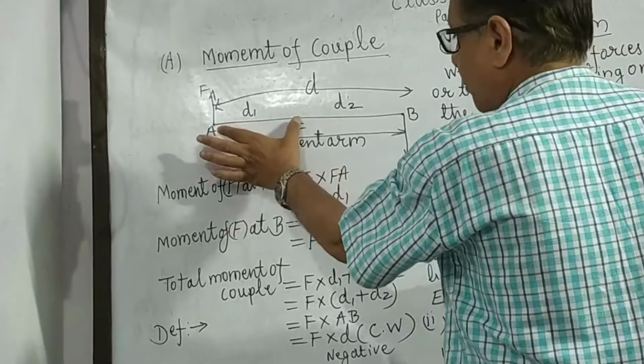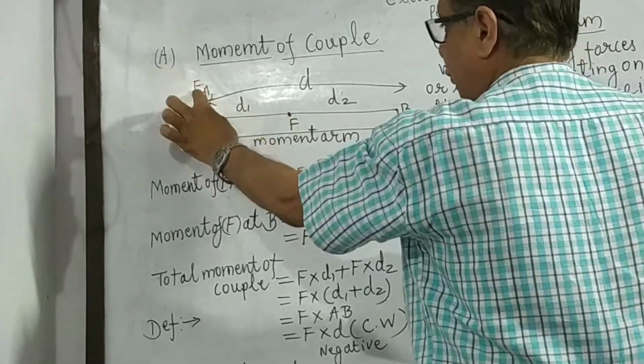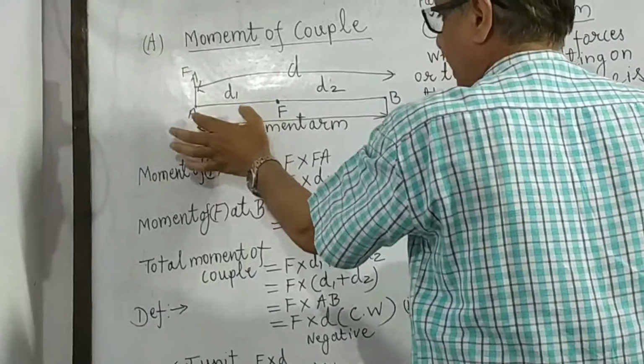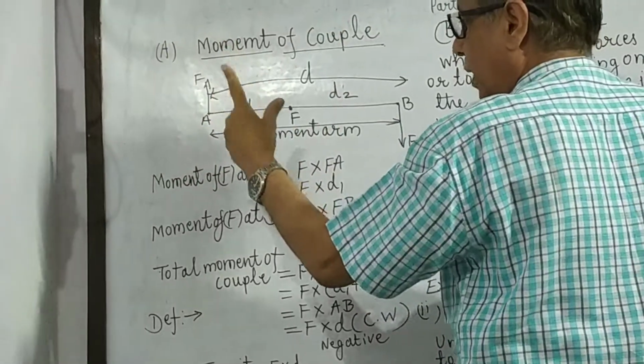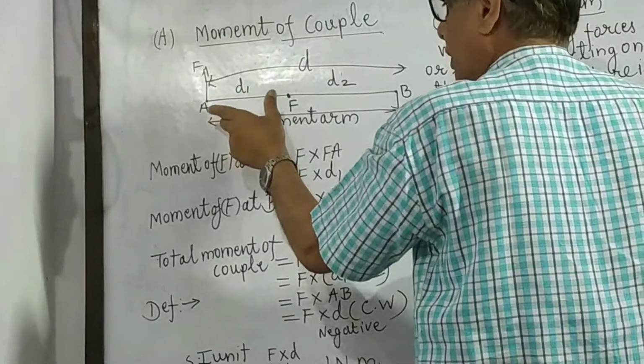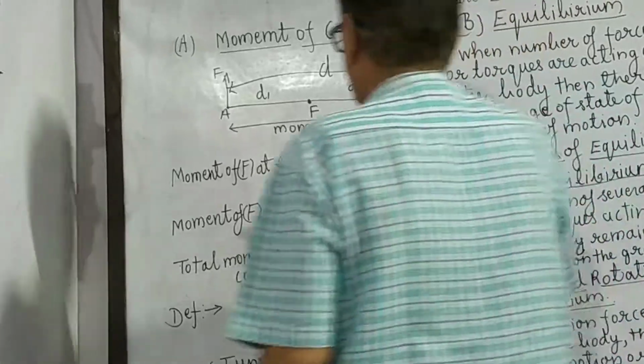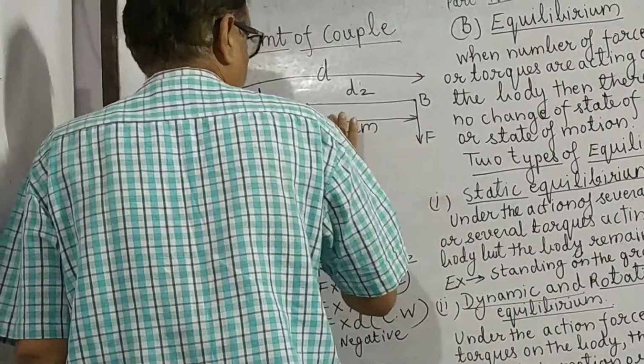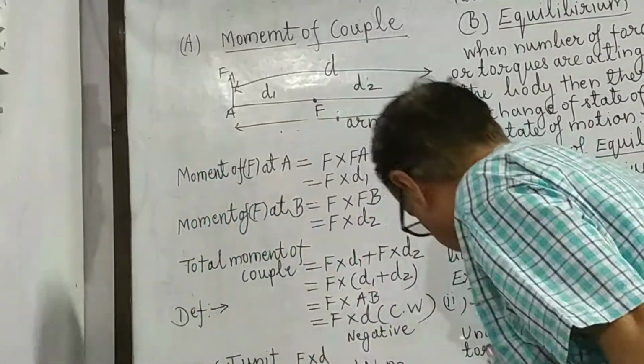So this is the moment arm of the first force F. AF is the first moment arm. Actually, this total is not the moment arm, it is the couple arm.